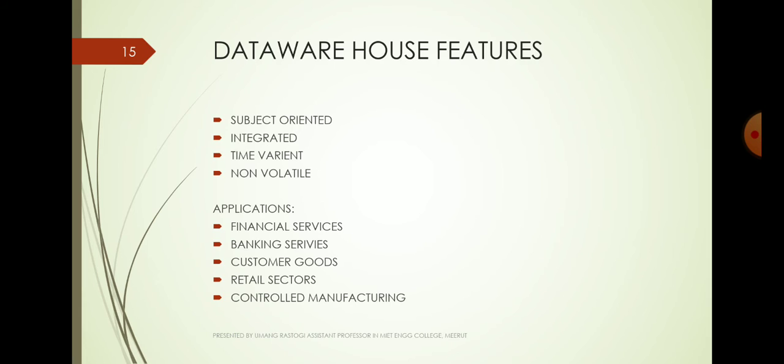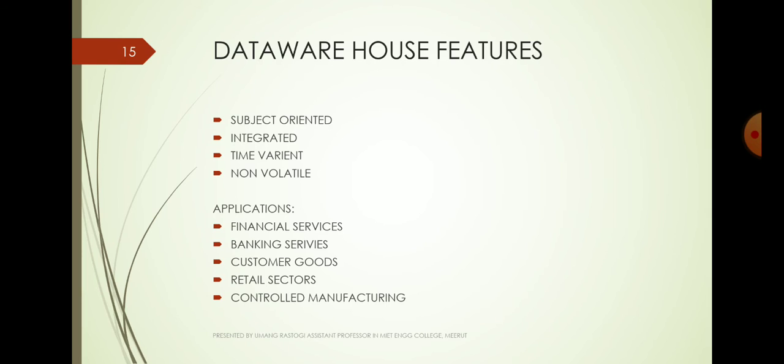Every data is as per the time. For example, if we are taking some data for a college, for MIT, we have to know how many MBA students there were in the year 2019. How can I know that? We can know by the data warehouse, because in the data warehouse we have all the MIT students' data by time.